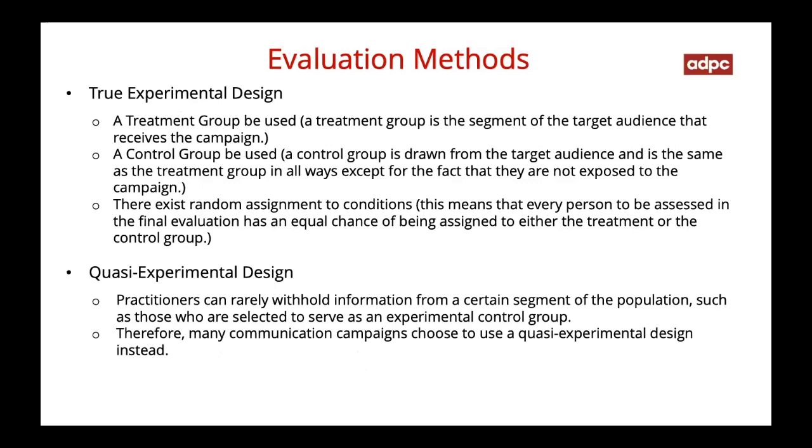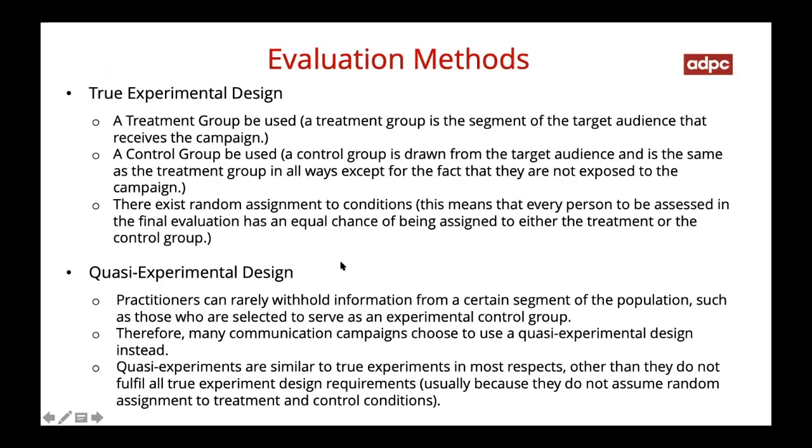But in terms of really getting the desired result, my bias is still for the true experimental design. Quasi experiments are similar to true experiments in most respects, other than they do not fulfill all true experimental design requirements, usually because they do not assume random assignment to treatment and control.